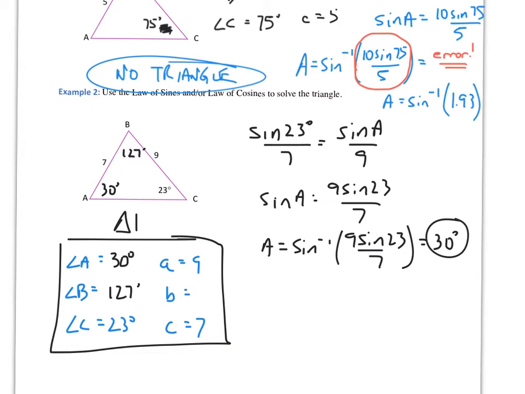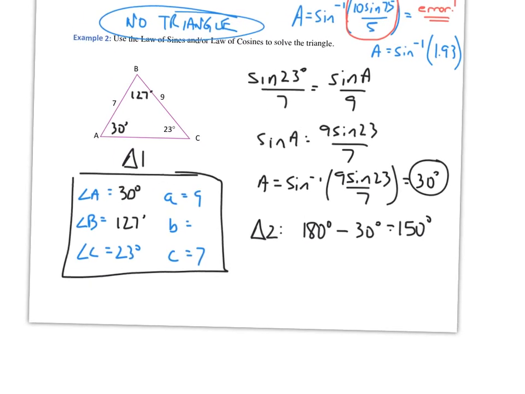For triangle 2, you are going to take 180 degrees and subtract 30 degrees, and that's going to create a new angle A. What would angle A be in our second triangle? 150 degrees.